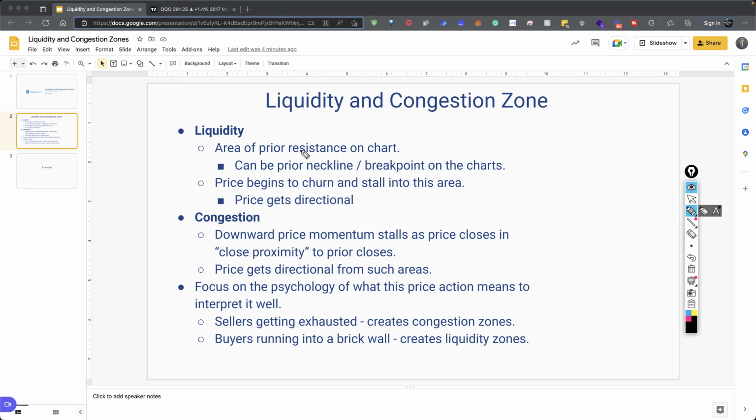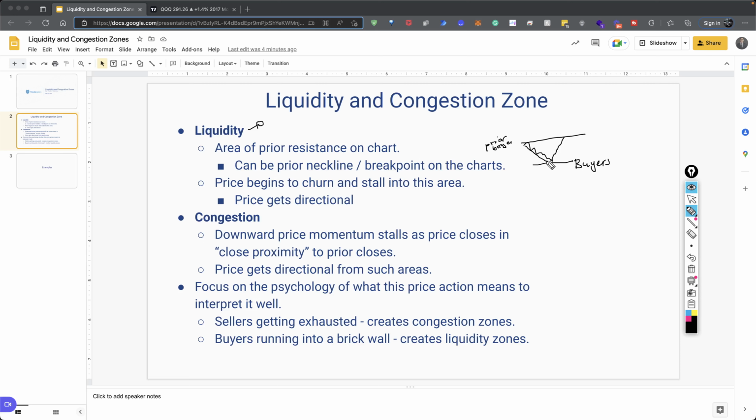So, liquidity is on the chart. When we're trading the markets, there are zones where price will find buyers, and there are zones where price will rally up to and find prior buyers that are stuck.